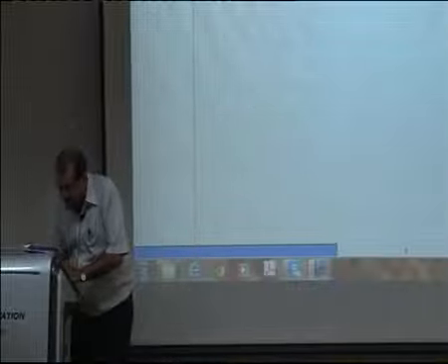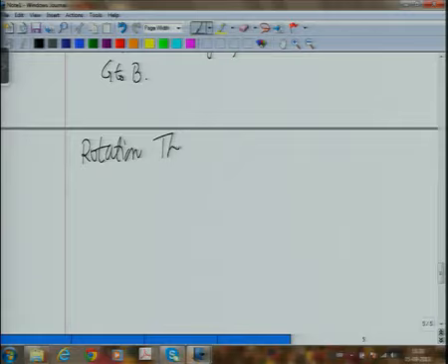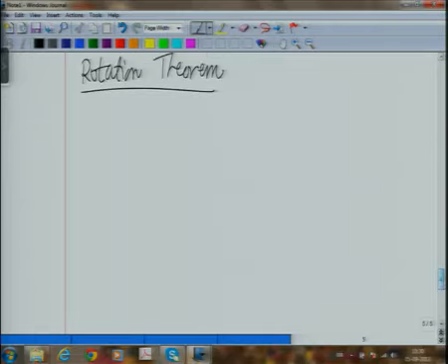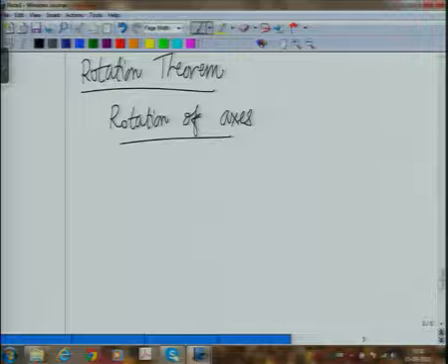So we have a second thing, as this was the parallel axis theorem. I don't think any book calls it the rotation theorem. This is a name which I have given, and here what we see is if we have rotation of axes.